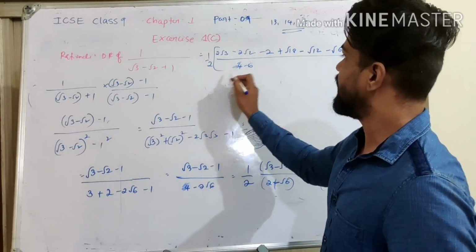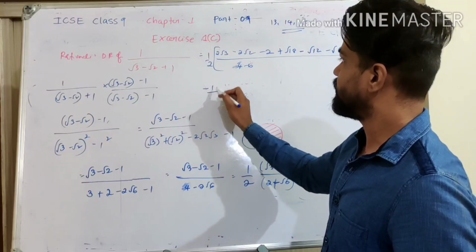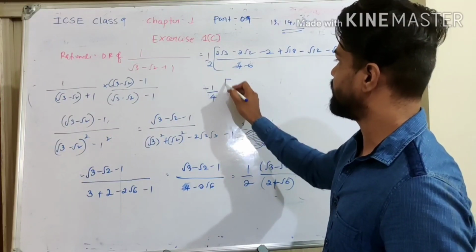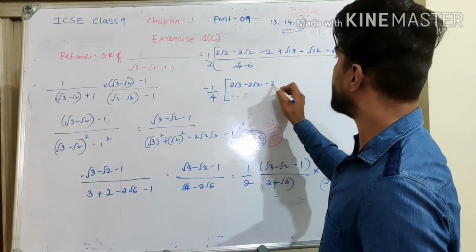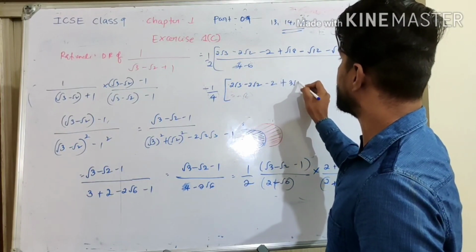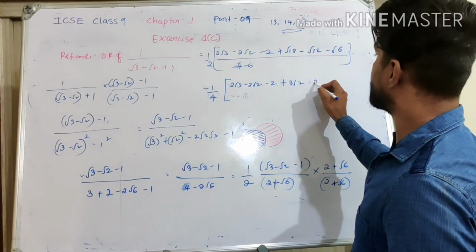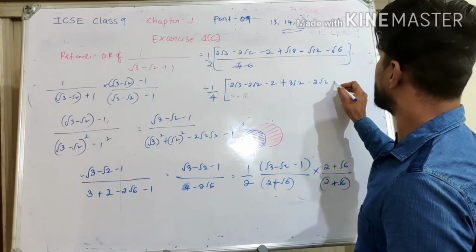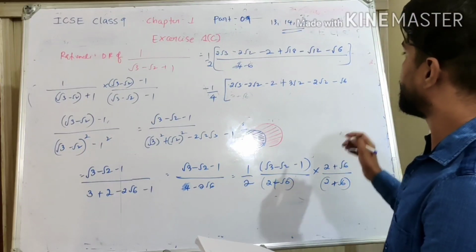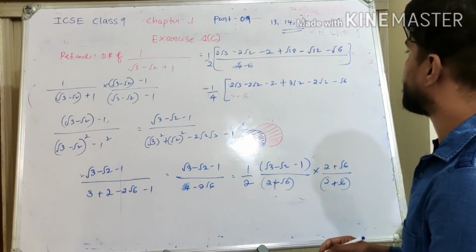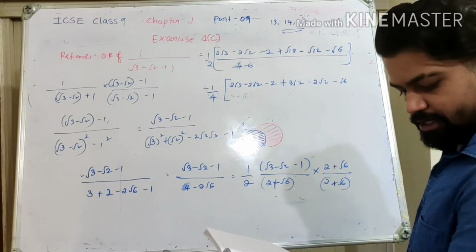So I end up with, I'll take that minus outside and 2 also outside, minus 1 by 4, 2 root 3 minus 2 root 2 minus 2 plus 3 root 2 minus 2 root 3 minus root 6. That's what we get. Okay, hope everything is correct here.